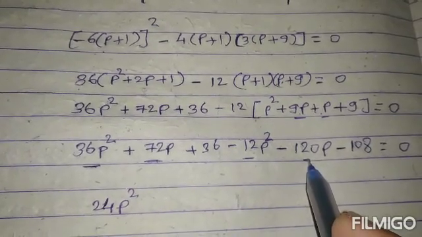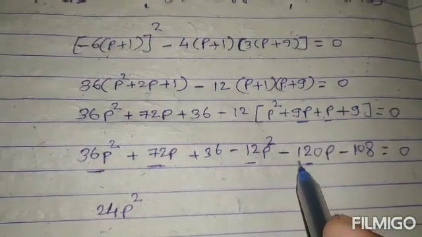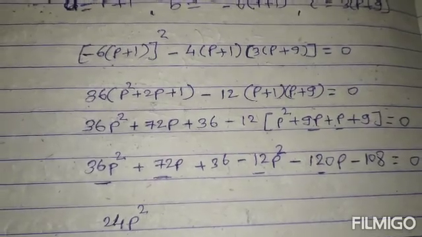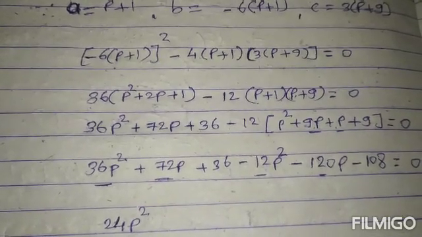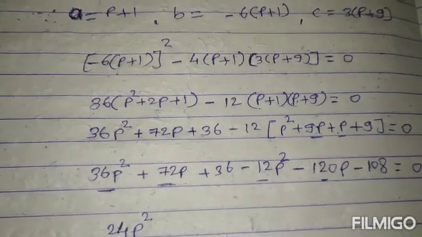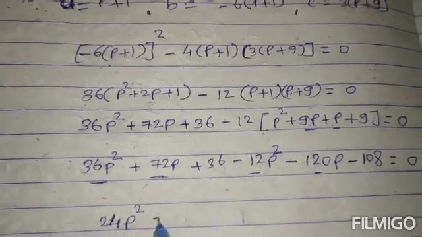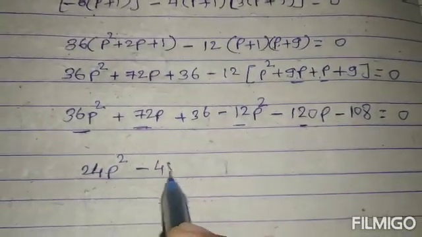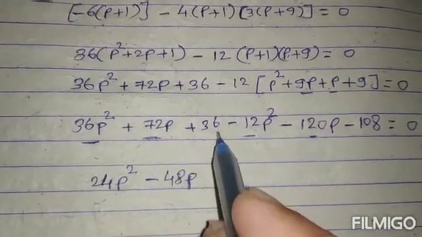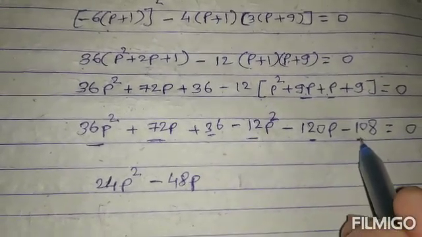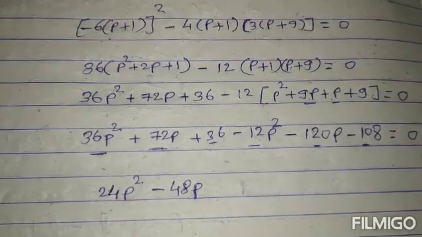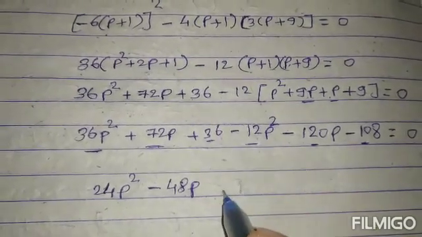If you subtract 72 from 120, it will be -48p. Then plus 36 minus 108 is -72.